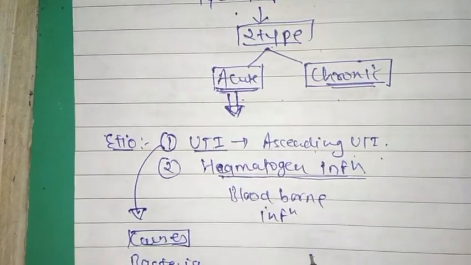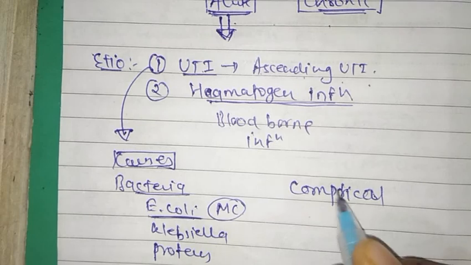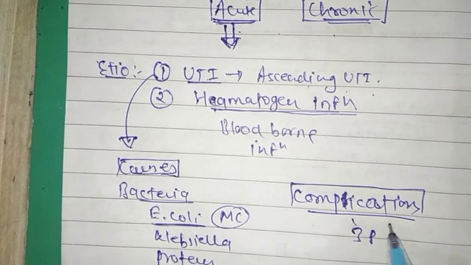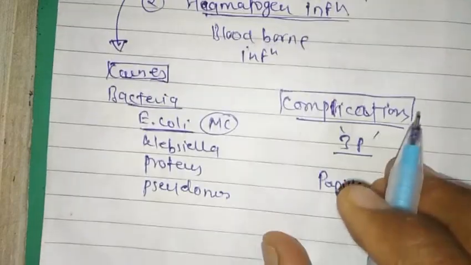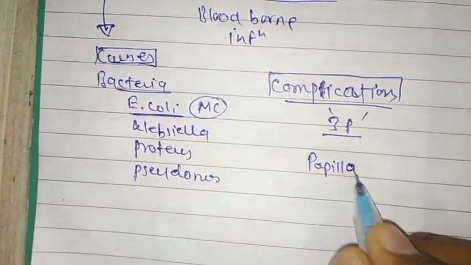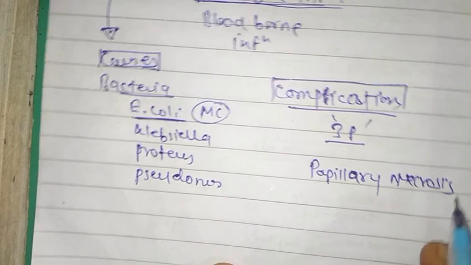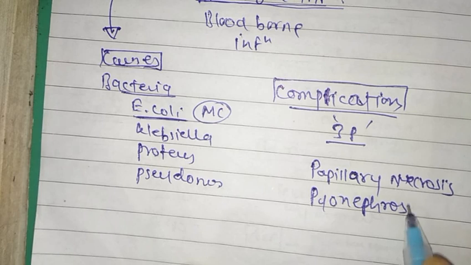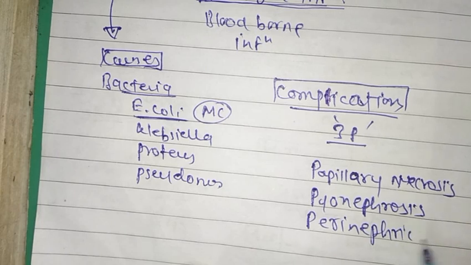Okay. And what are the complications associated with acute pyelonephritis? Complications are the 3 P's: papillary necrosis, pyonephrosis and perinephric abscess.